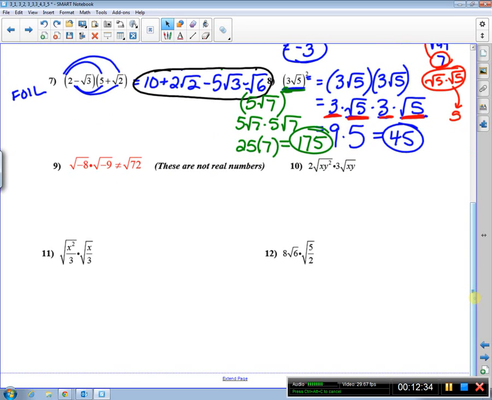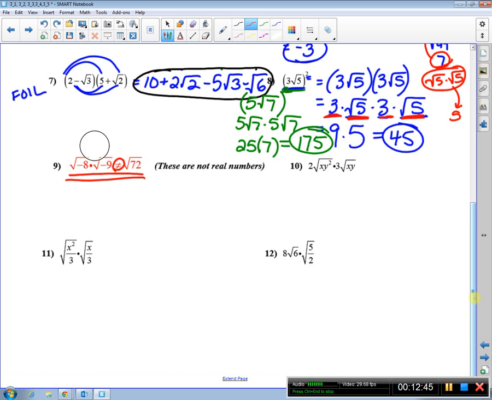So we get to number 9, and notice number 9 is in red. I love it. It's in red. And there's actually a not equal symbol here. So what I really want you to focus on is not looking under the radicals and saying, oh yeah, I can multiply negative 8 times negative 9 and I get positive 72. Because of course that's true.